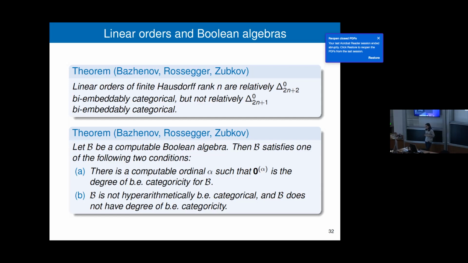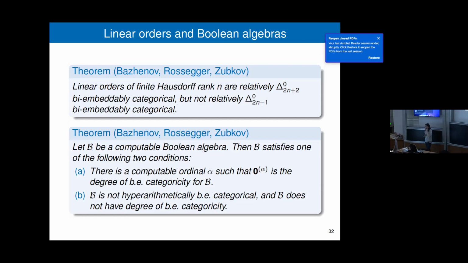And for Boolean algebras, they showed that a Boolean algebra either has a degree of BE categoricity 0 alpha for some computable alpha, or it is not hyperarithmetically BE categorical and has no degree of BE categoricity.